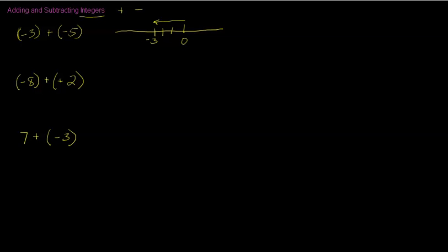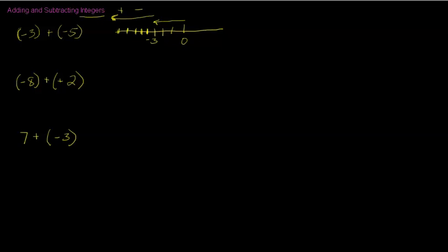Now if we add 5, when we add, we move to the right. But when we add a negative, we're going to continue to go to the left. Adding a negative is like subtracting. We're going to the left. So we're going to go 5 more to the left. So here's 1, 2, 3, 4, 5.